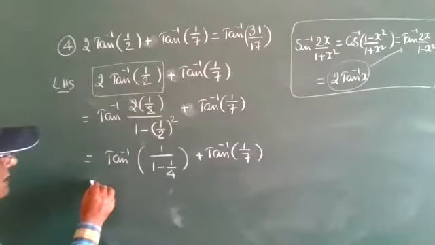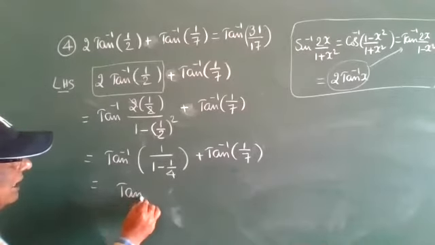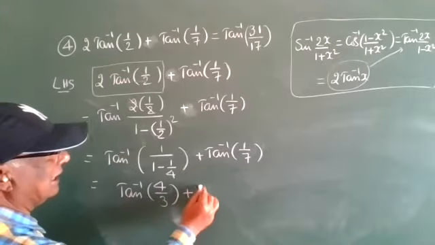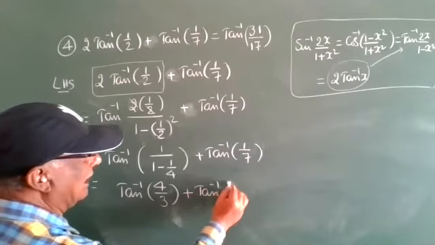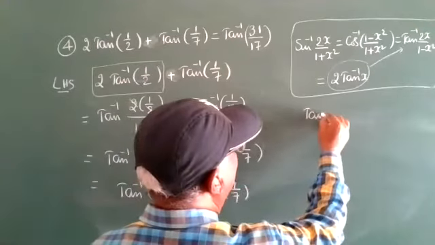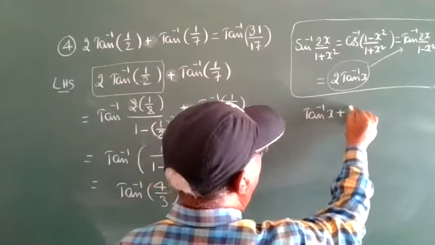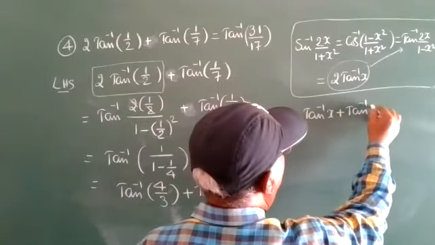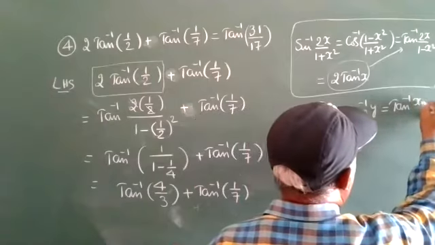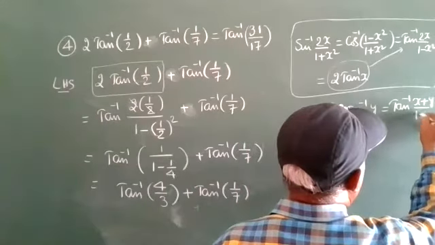So this is tan inverse of 4 by 3 plus tan inverse of 1 by 7. Now write down the tan inverse of x plus tan inverse of y formula: tan inverse of x plus y by 1 minus xy.